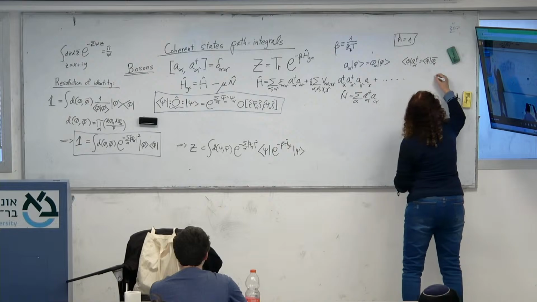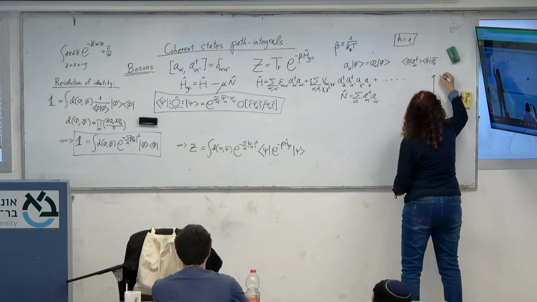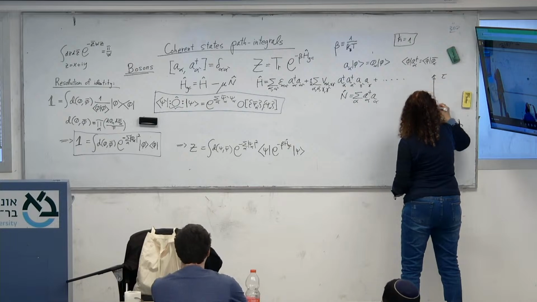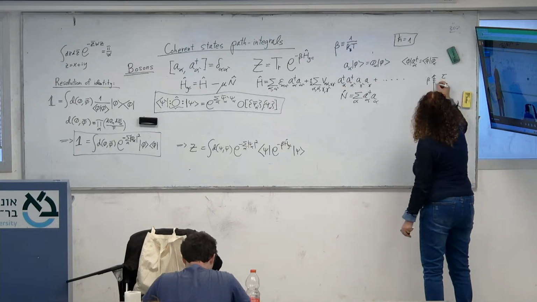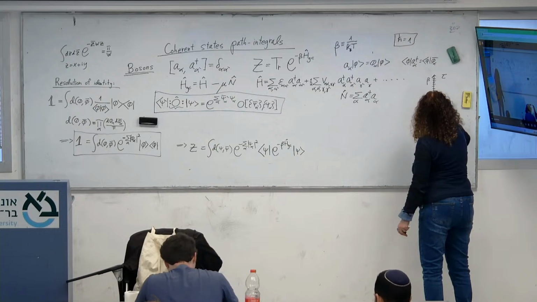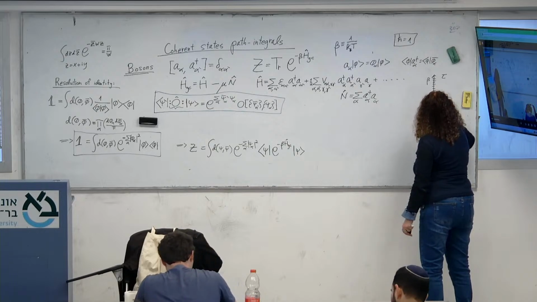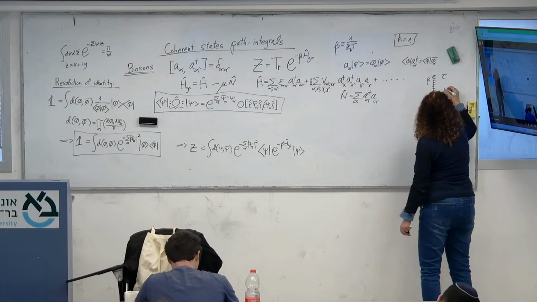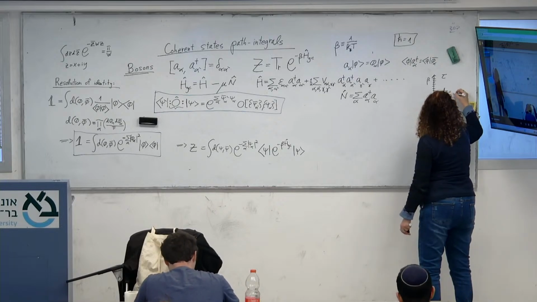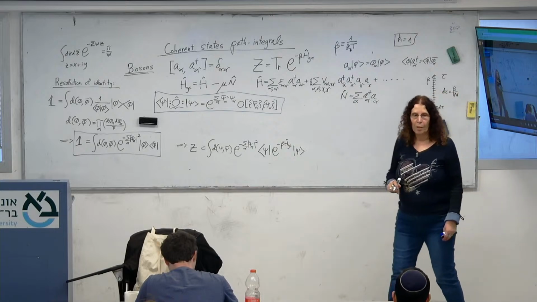I have my imaginary time axis tau between 0 and beta, and I divide it into infinitesimal slices d tau, where d tau is beta over N. N is the number of time steps.